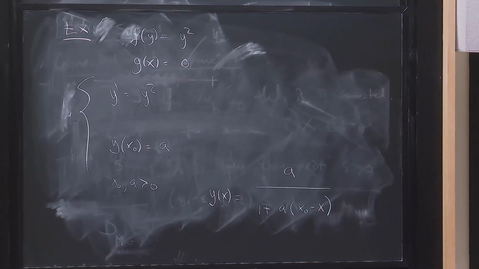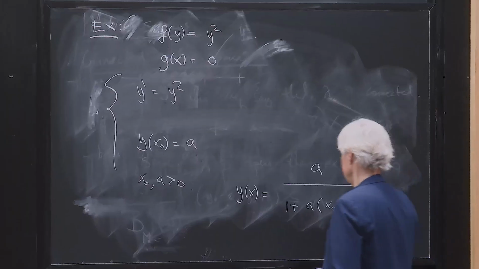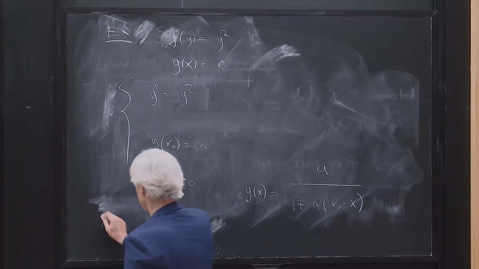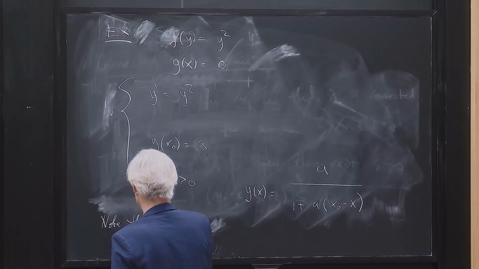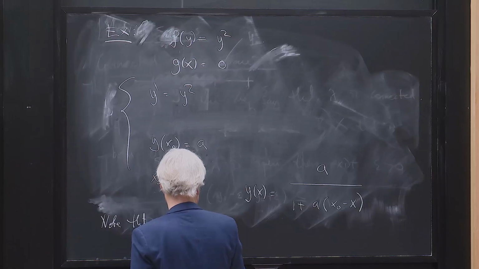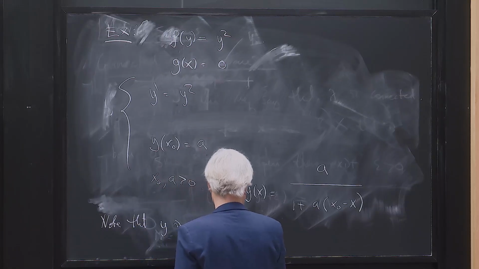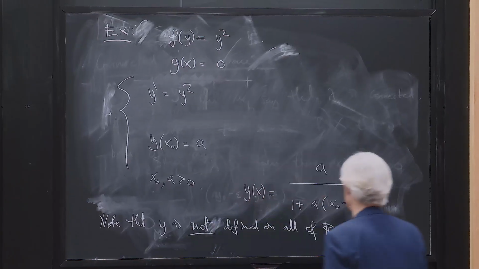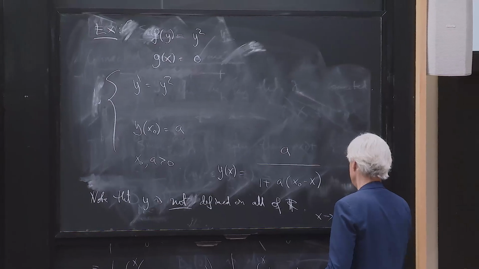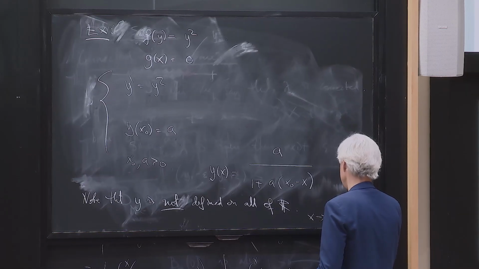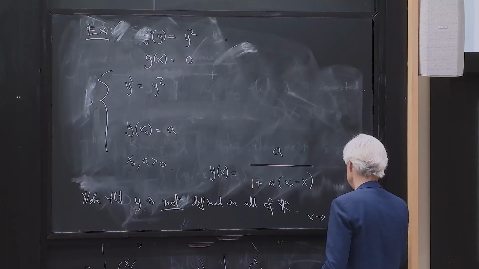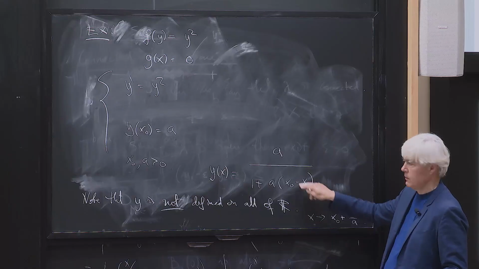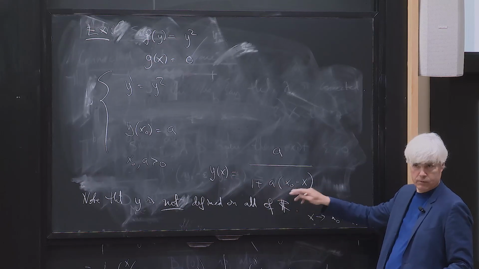And so what you should observe here is that y is not defined on all of R, but instead, as x here goes to x0 plus 1 over a, this thing here goes to minus 1, so the denominator goes to 0, so the function blows up.